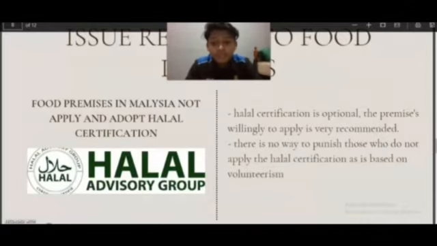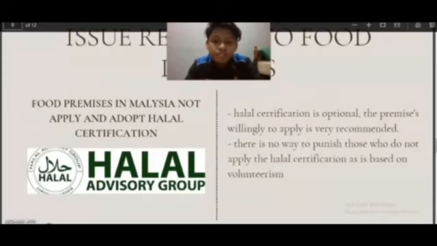Okay, the first issue is that not all food premises in Malaysia apply and adopt this halal certificate. Why? Because this halal certification is optional, and premises who are willing to apply are highly recommended. Hence there is no way to punish those who do not apply for this certification since it is based on volunteerism.